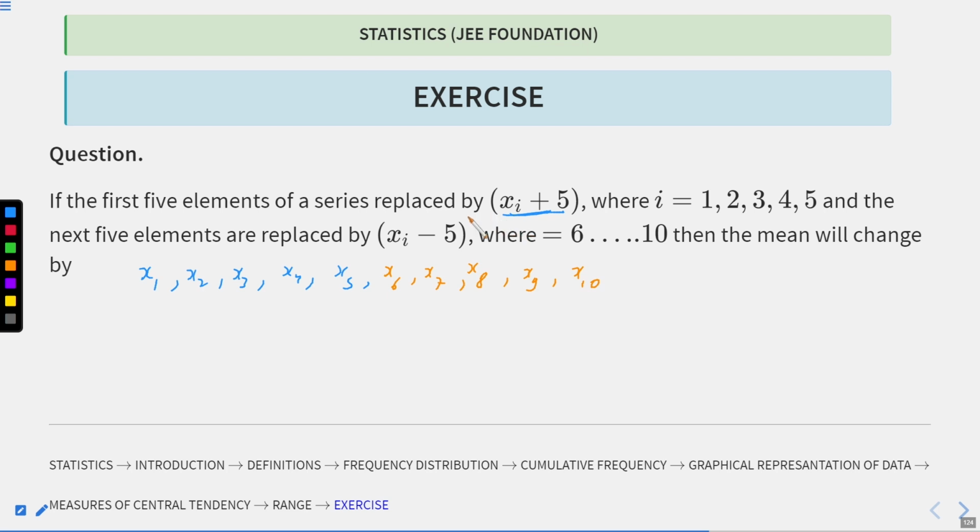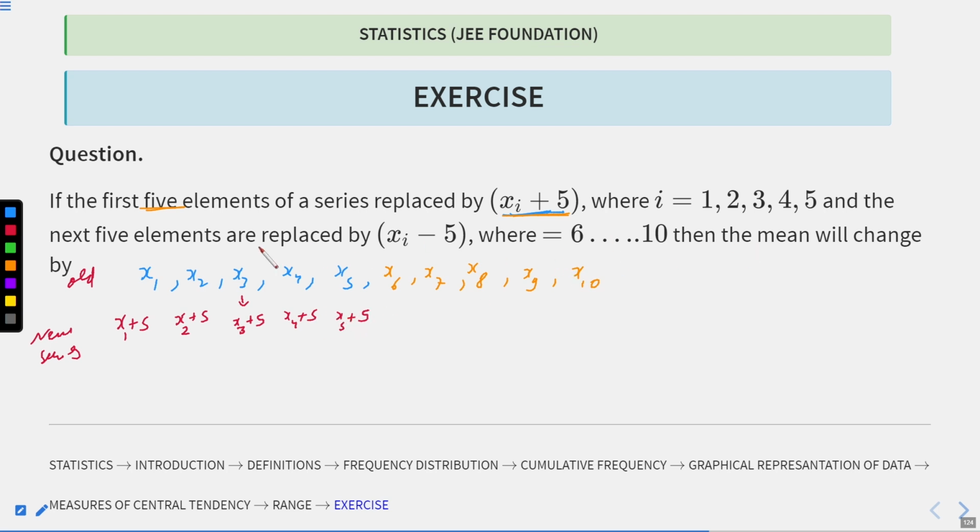I replace my first 5 elements by this term. So in the new series, the first term is replaced as x1 plus 5, the second term as x2 plus 5. I added 5 to each of the first 5 terms: x3 plus 5, x4 plus 5, x5 plus 5.